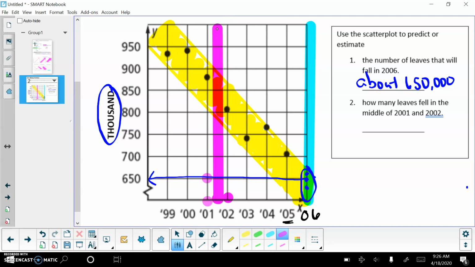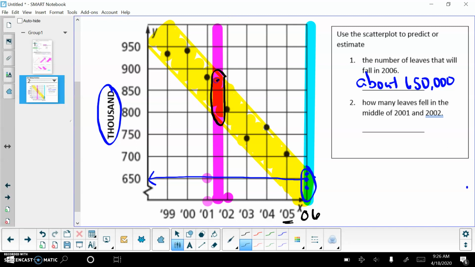Once again, I'm going to look at where my yellow band of dots overlaps with my purple line to indicate the middle of 2001, 2002, so that I can find a good prediction zone. I'm going to highlight that. Right in here is a good prediction zone. I could put a dot anywhere in there and be fairly comfortable that that's a pretty good prediction. It's within the zone for how many leaves might fall between 2001 and 2002.